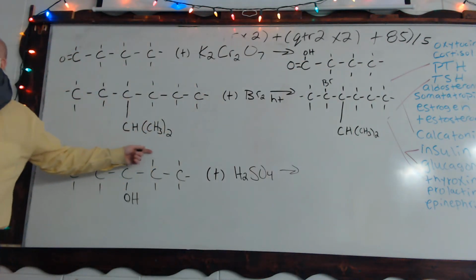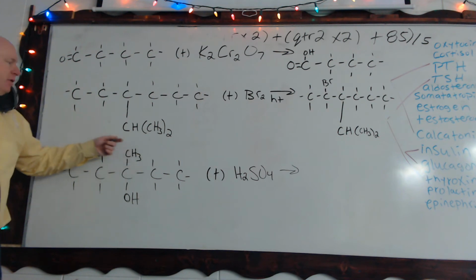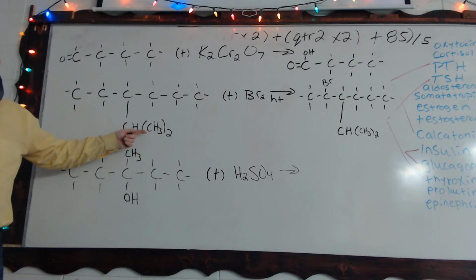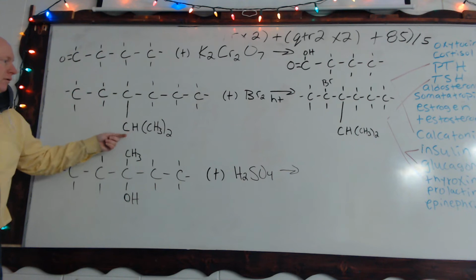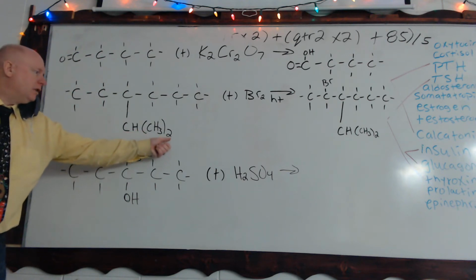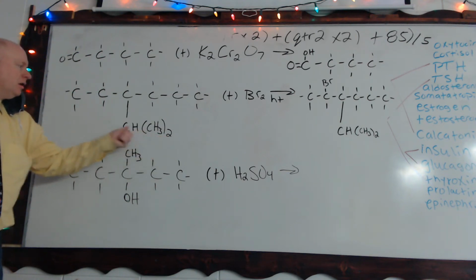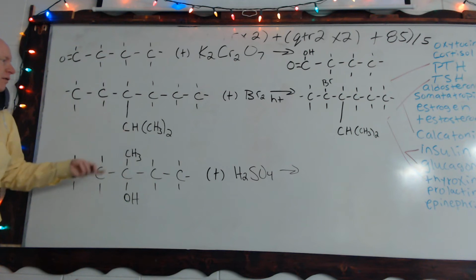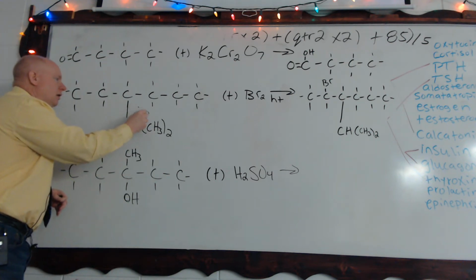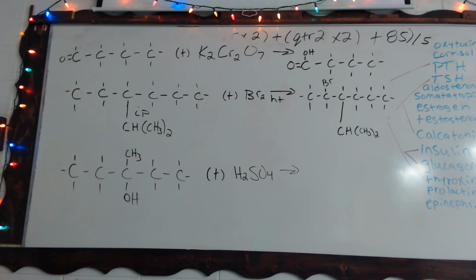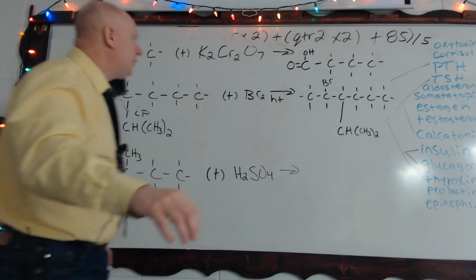Okay, we want to review that too. How many carbons are in it? Well, here's one. And then how many more are in here because of this parenthesis? Okay. Take 2 times 1 gives us 2. And this last one here gives us 3. So therefore, this is an isopropyl group.